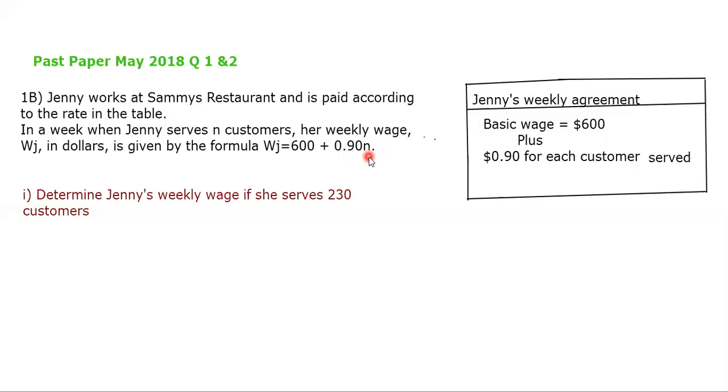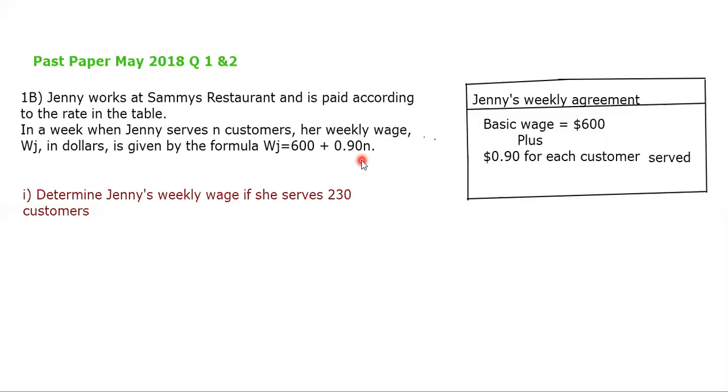Then you would have 600 plus 0.90 times 2. Because remember that normally when you see 2 characters together, it normally means that it's multiplied, right? Like these 2. Good? So it's 0.90 times 2, because 2 customers that she served.